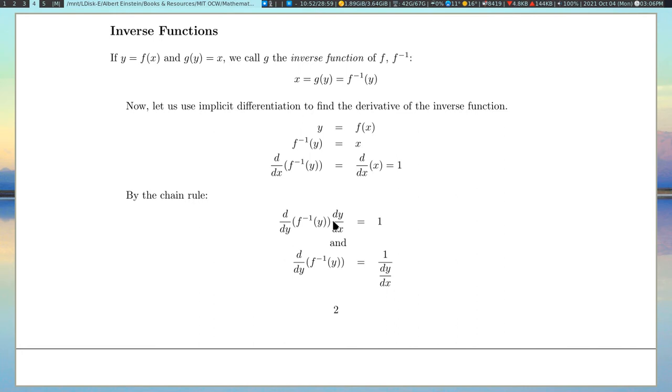So is sine inverse of x equal to 1 over sine x?